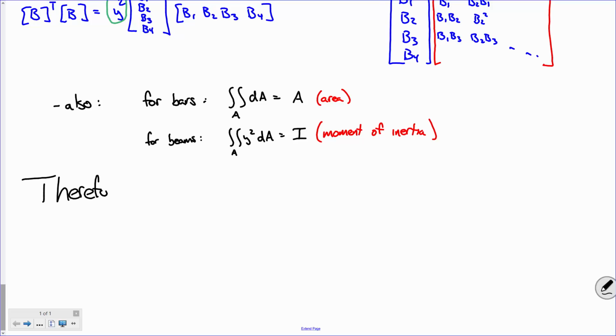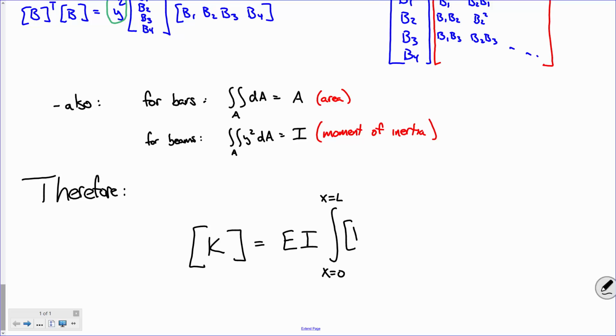Therefore, the stiffness matrix for a beam will be, converting that volume integral into an integral over the length, E times I times the integral from x equals 0 to x equals L of B transpose times B dx.